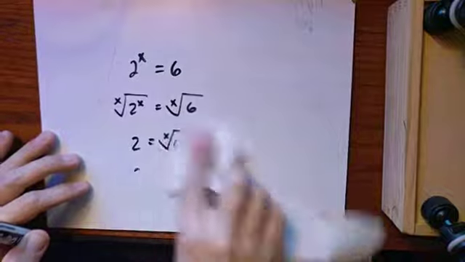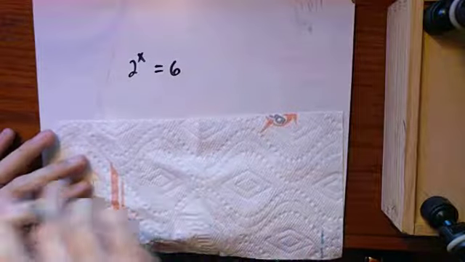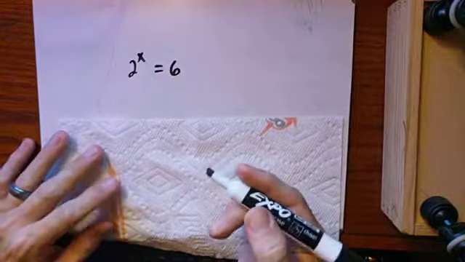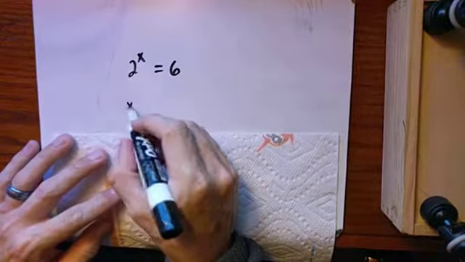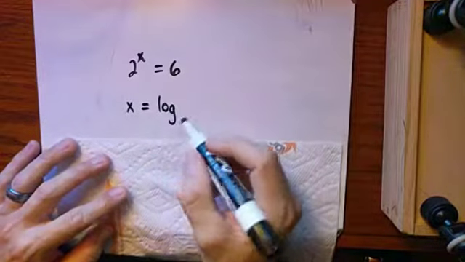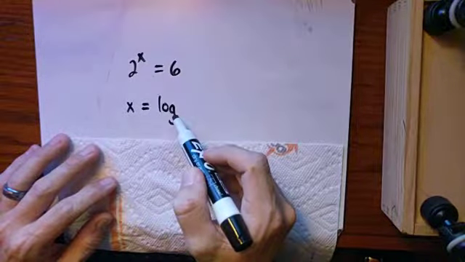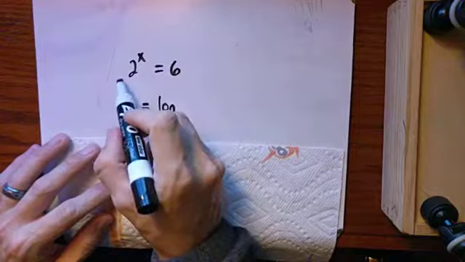That is the purpose for logarithms, because a logarithm is exactly the inverse operation of exponentiation. So we have to define this x, which is an exponent, as a logarithm. The logarithm is spelled log for short, and the base of the logarithm is this number 2.